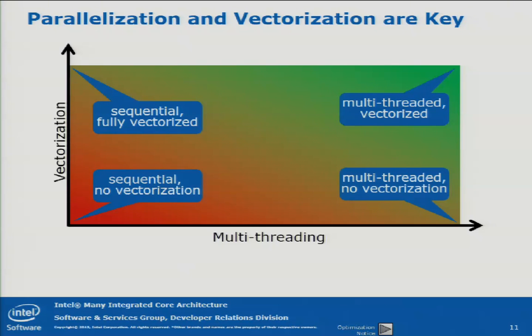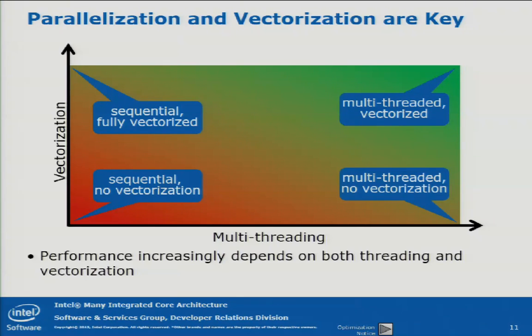If you add sequential code, but it's fully vectorized, you gain, at least theoretically, a factor of 2, 4, or 8, depending on the data type that you're computing. Same for multi-threading. So the best use of the machine you can make is when you have multi-threaded vectorized code. Okay? And this is true for all upcoming Intel platforms, or all upcoming computing platforms. Right? It's not only restricted to Intel.